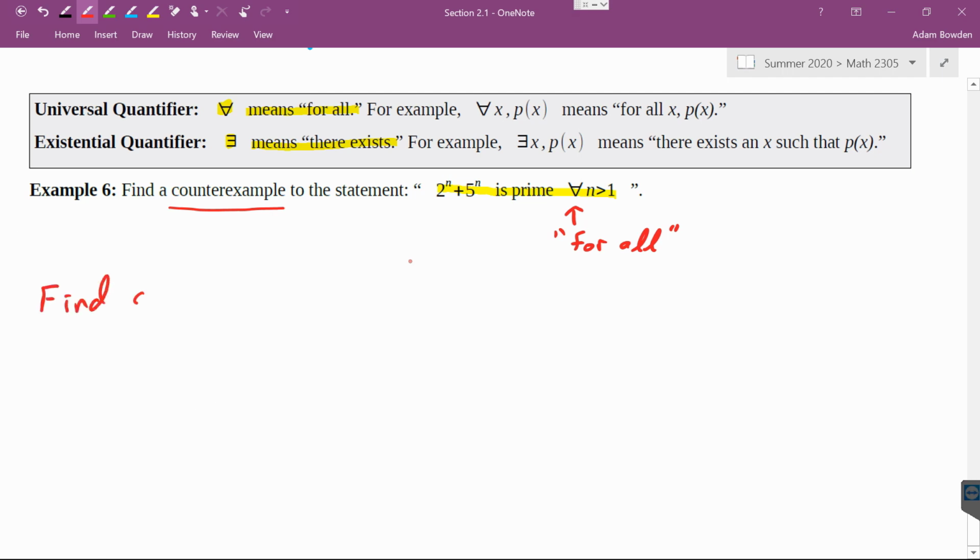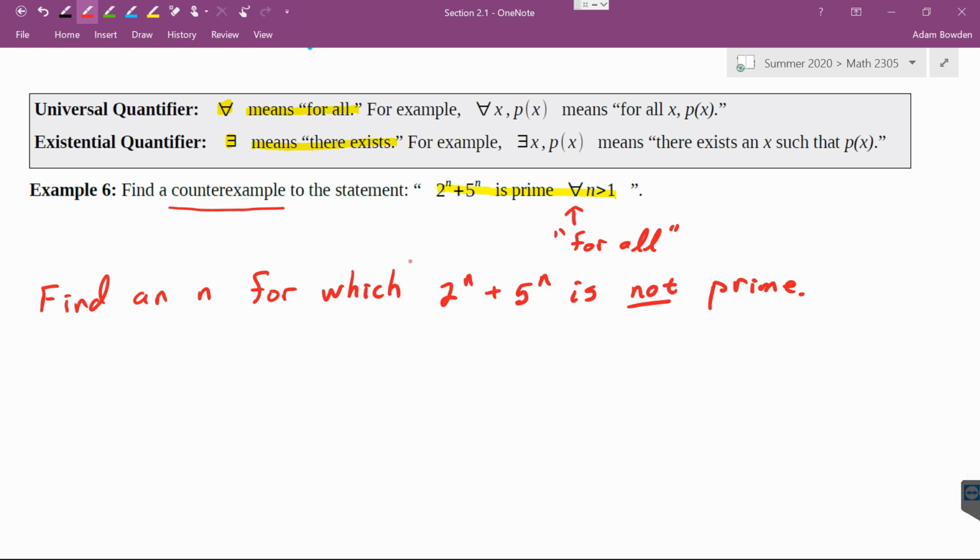So basically find an n for which 2 to the n plus 5 to the n is not prime. Because to do that will go against the thing that says for all.